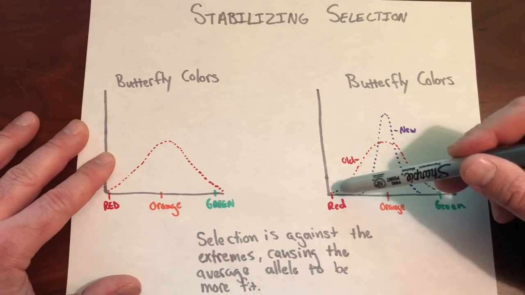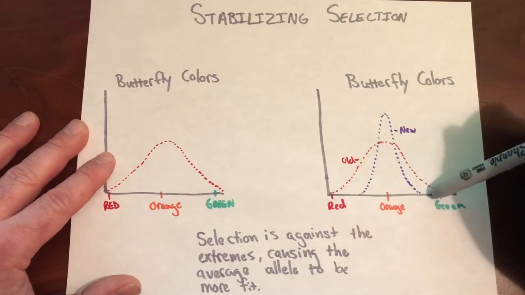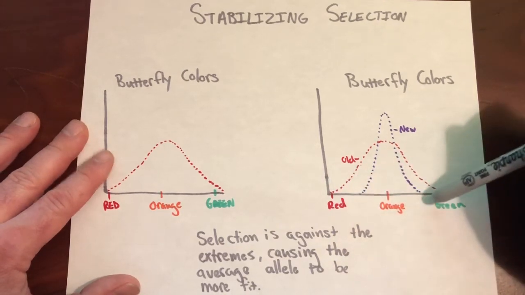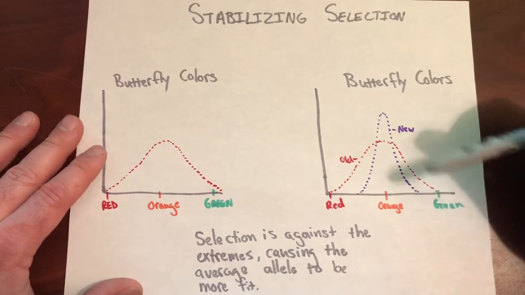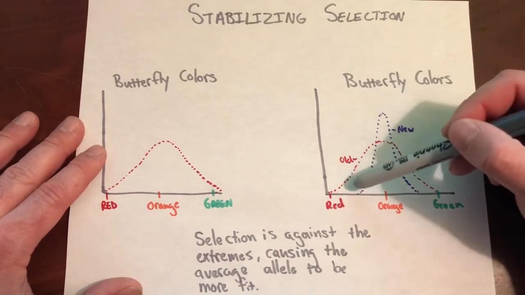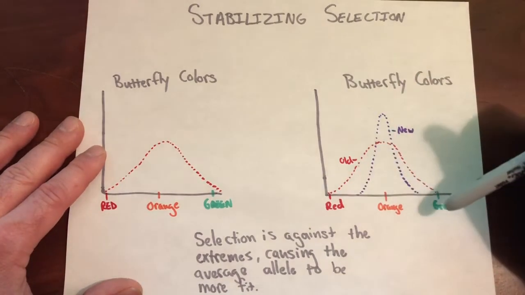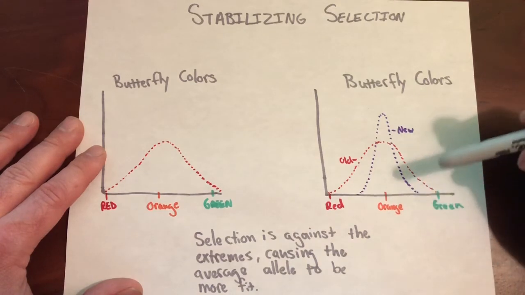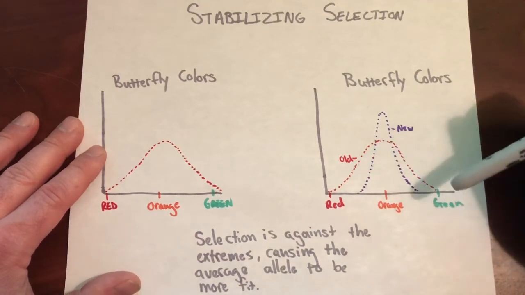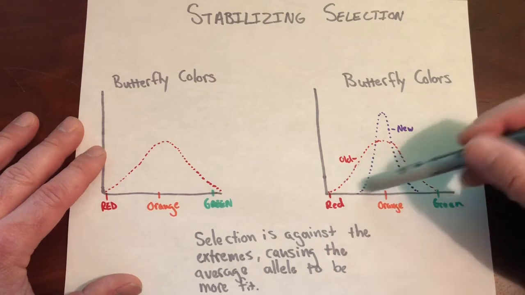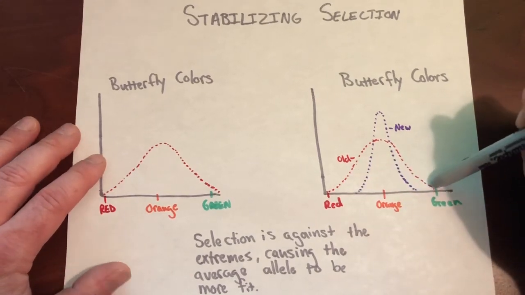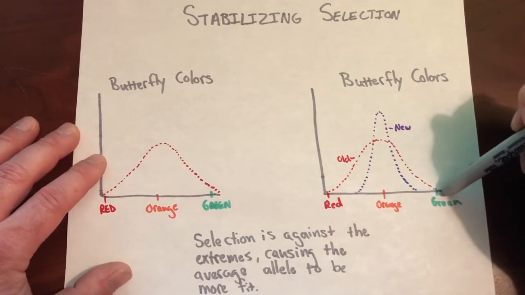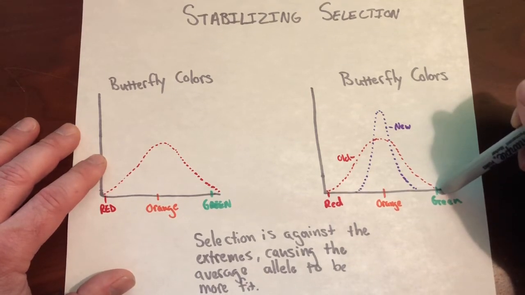We can see here that obviously the extreme ends, the red and the green, there's something selecting against them. Maybe there's a predator that moved in that can really favor the red or the green and see them in their environment. Maybe there's a disease that the red and the green can't fight against, but something in nature is causing the red and the green population of butterflies to die off and not be able to reproduce.